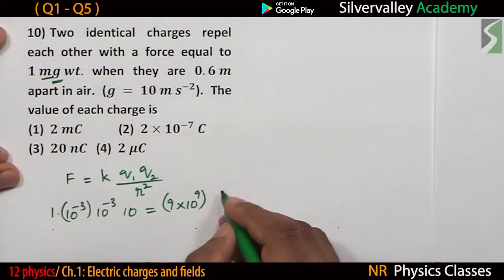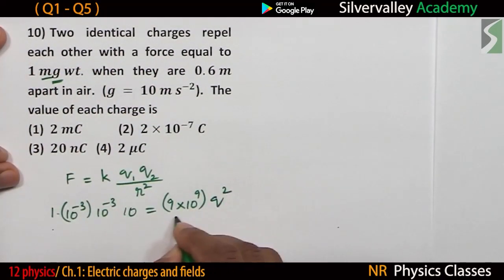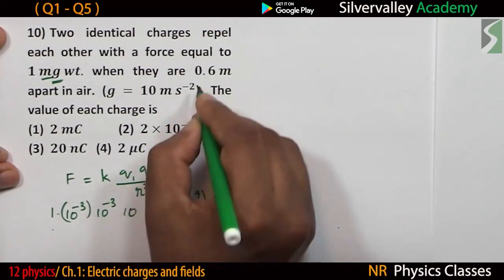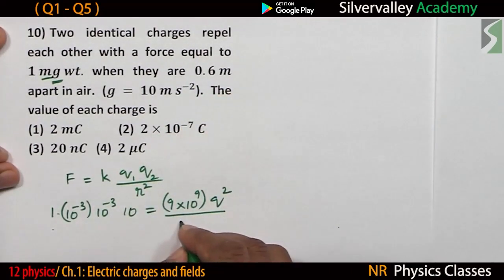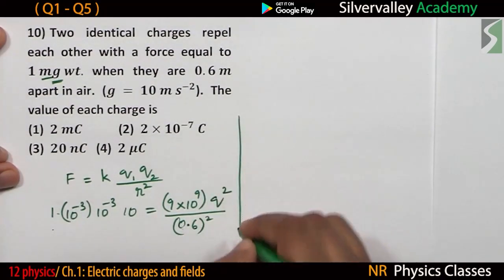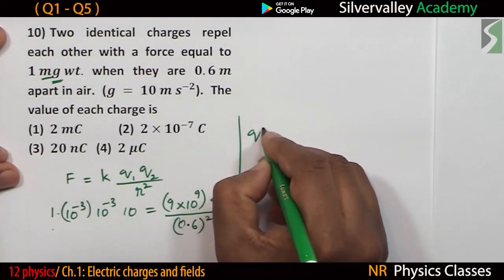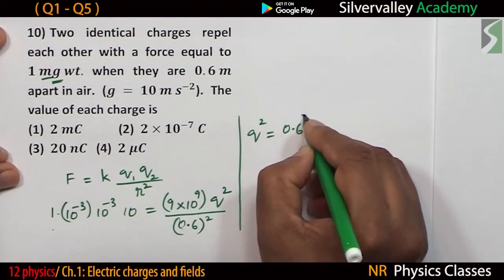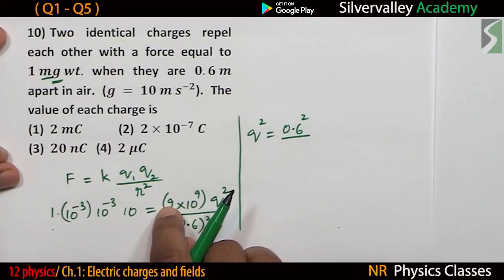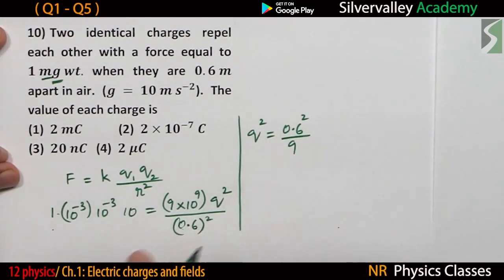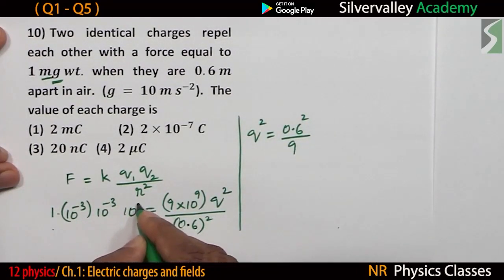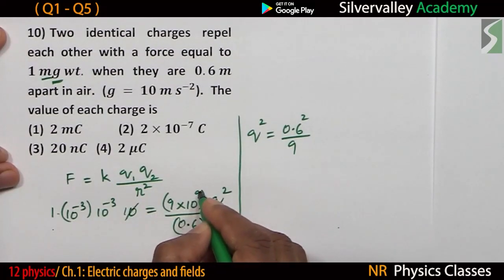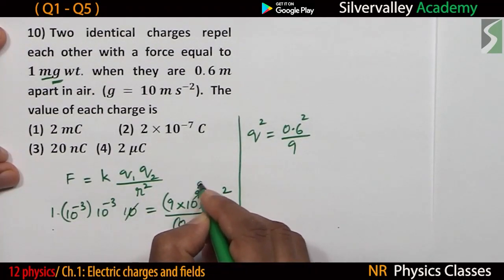Two identical charges, q into q, q square, by distance 0.6 square. Now q square is 0.6 square by 9 into 10 power 9, which gives 10 power 8.